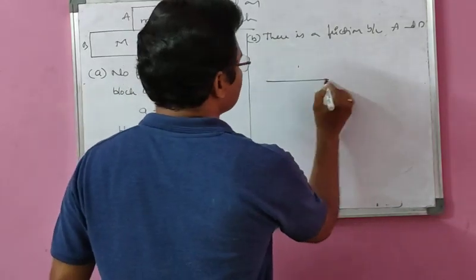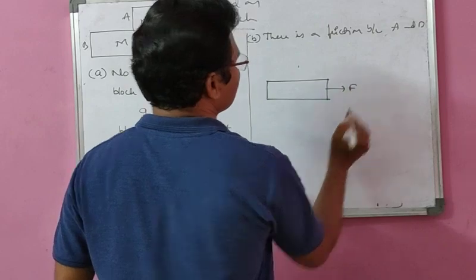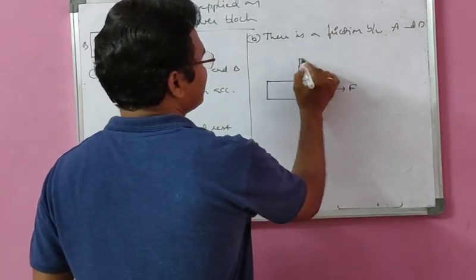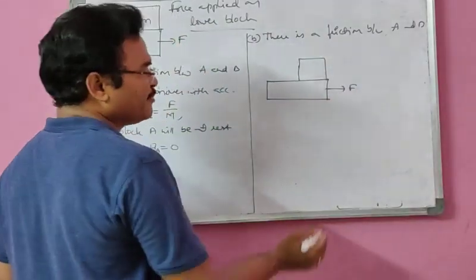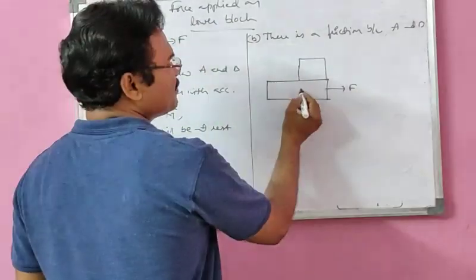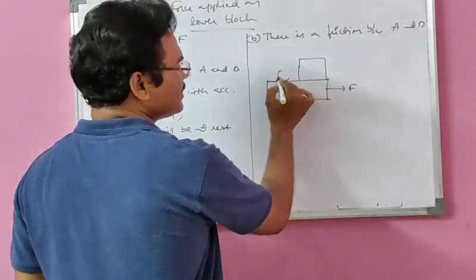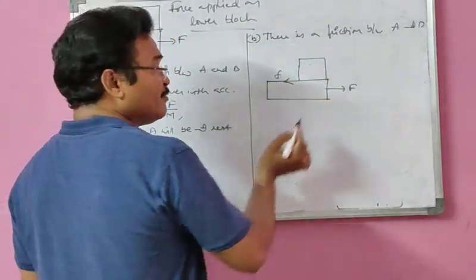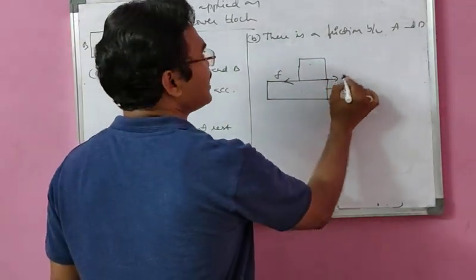This is the lower block, which is pulled with force F. When the lower block moves to the right side, the friction due to the upper block on the lower block will act like this, and the friction due to the lower block on the upper block will act like this.